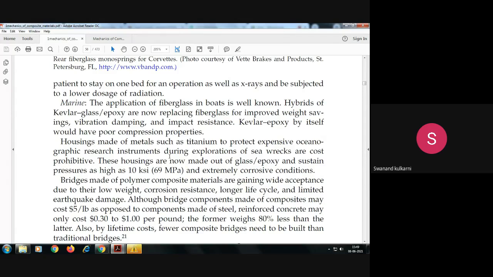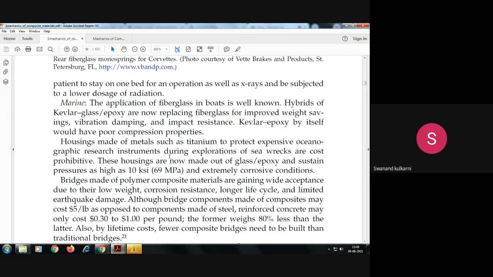Is it okay? So you can understand in marine application how it is useful. Fiberglass is used in the boats, and hybrids of Kevlar glass epoxy. Kevlar is reinforcement, glass is also reinforcement, and the hybrid of Kevlar and glass is added inside the epoxy. Epoxy is the matrix material.